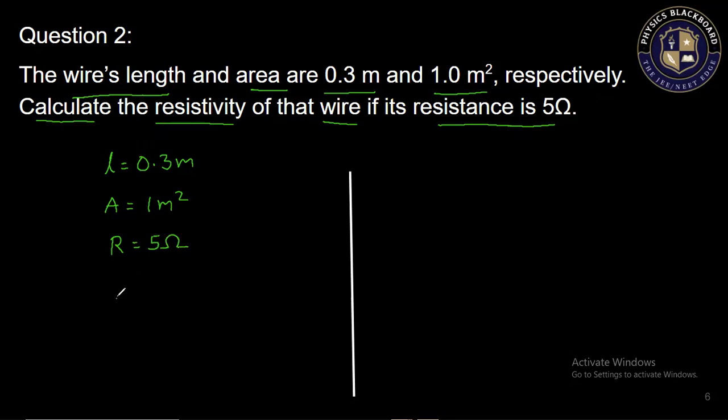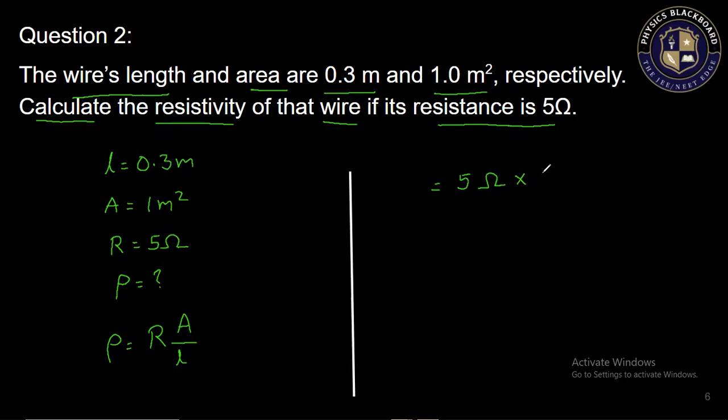What you need to calculate? You need to calculate the resistivity. So the same formula again, resistivity is equal to R into A by L, right? So what is R here? 5 ohms, right?